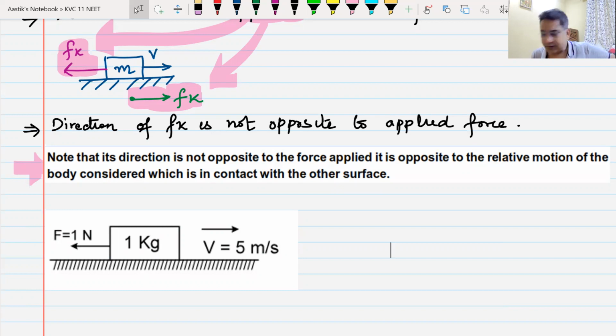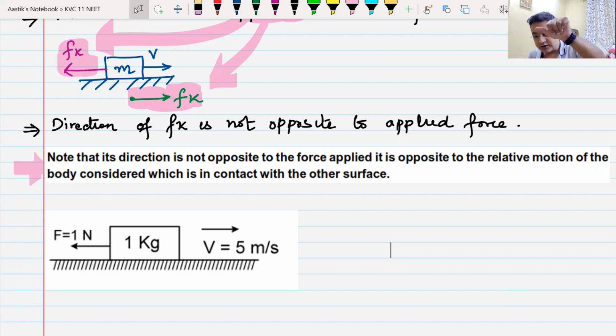Now, tell me, first thing, what type of friction will act between the body and the ground? The friction would be kinetic because there is a relative motion. Now, the second thing is, what will be the direction of kinetic friction here?